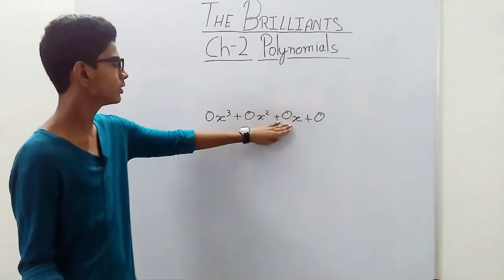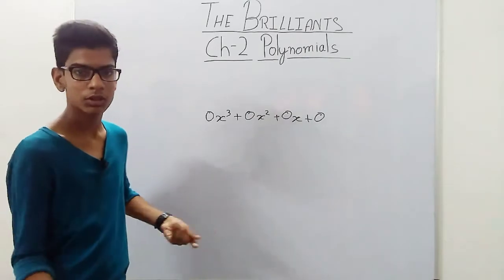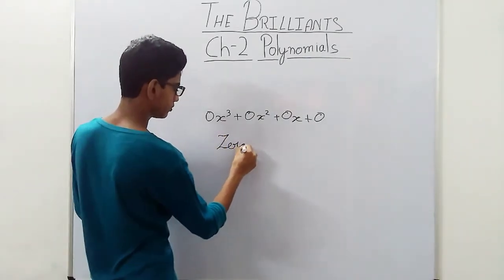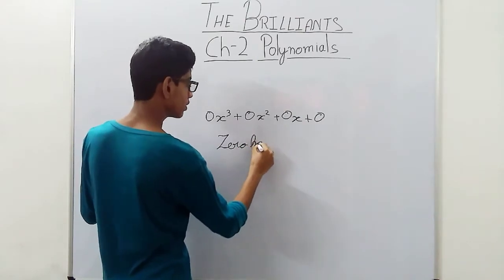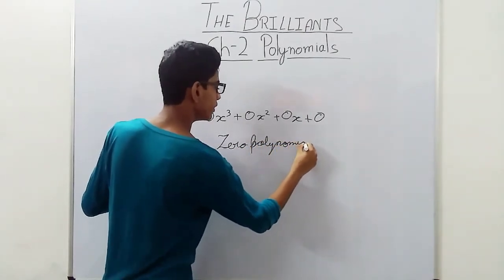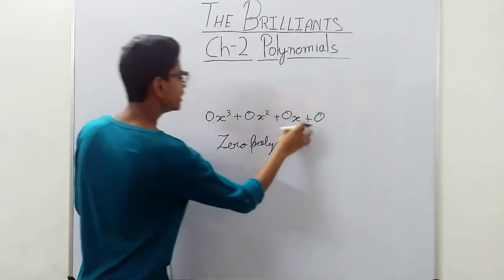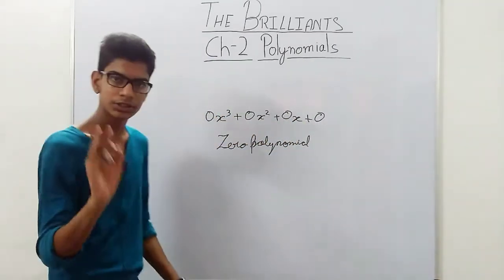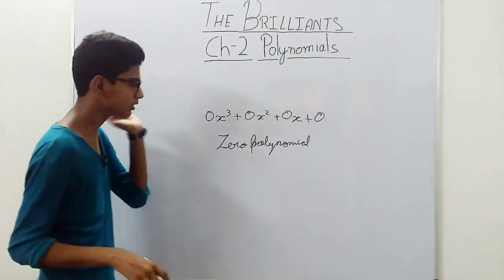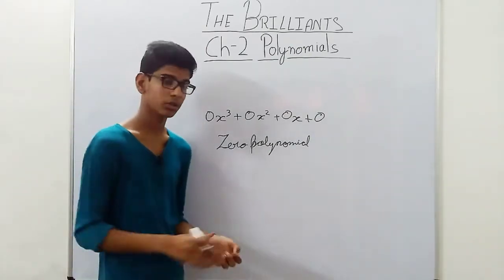Obviously if every coefficient is 0, this is the 0 polynomial, because the degree of every term is 0. So if it is 0, then the polynomial is said to be the 0 polynomial.